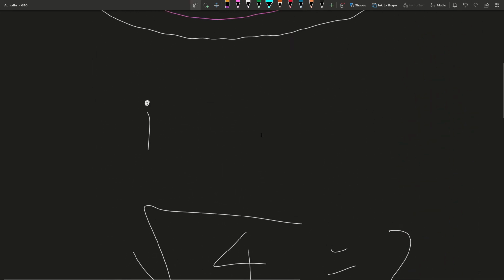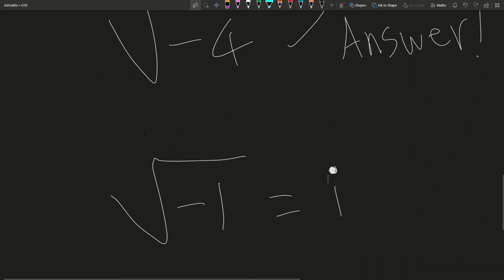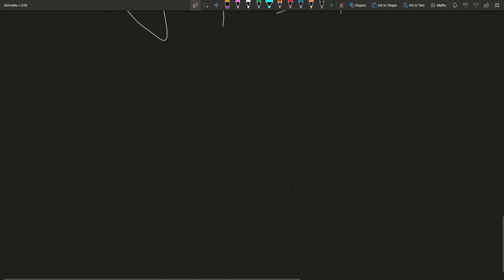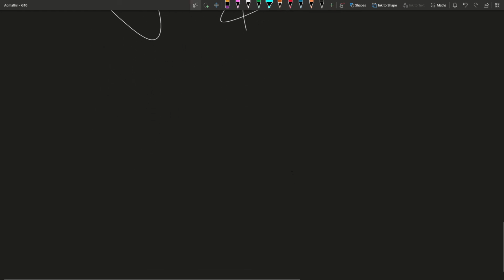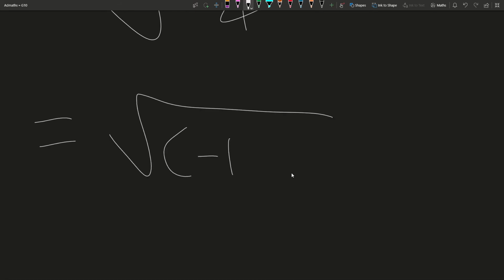And so, let's say we've got the square root of negative 4. When you've got the square root of negative 4, what do you have? You could say that it's the square root of negative 1 times 4. But remember, 4 is 2 squared. And so this 2 squared can be taken out, because all that's down here is multiplied together.